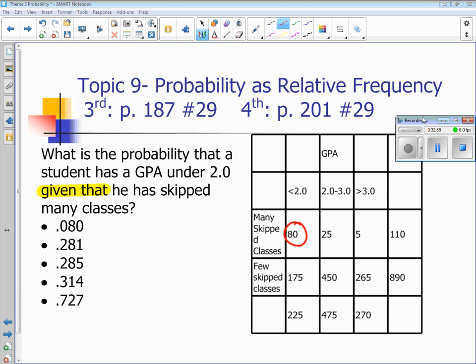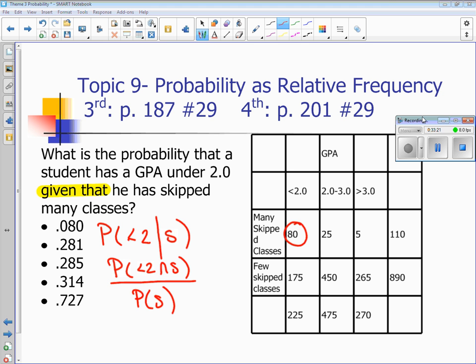All right, let's write it out if you're not sure. So we want the probability that they have under a 2.0, given that they have skipped classes. So that is the probability of under a 2.0 and skipped classes divided by the probability that they skipped classes. So isn't it 80 divided by 110?